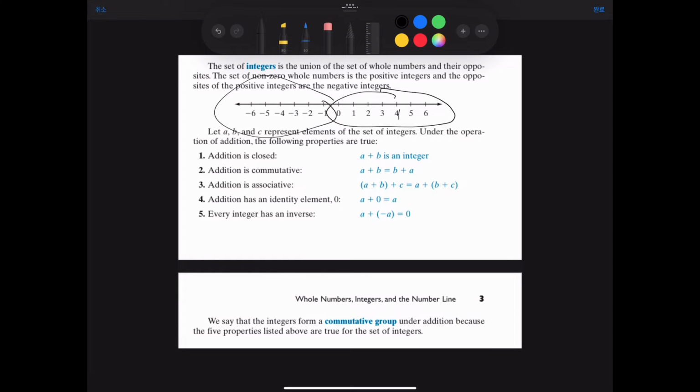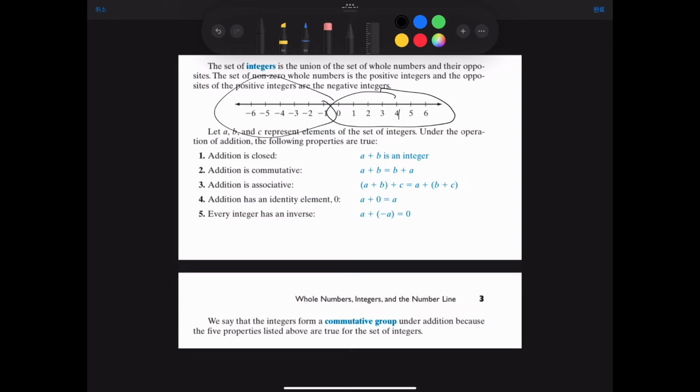And (A plus B) plus C equals A plus (B plus C). Overall, it would equal the same thing. And A plus 0 equals A, and an integer has an inverse: A plus negative A equals 0, which is one of the elements of the integers.